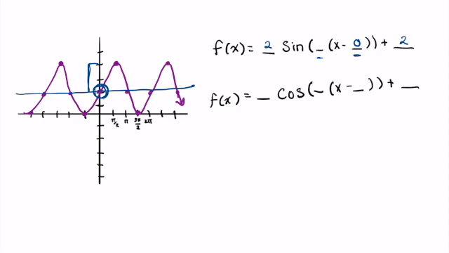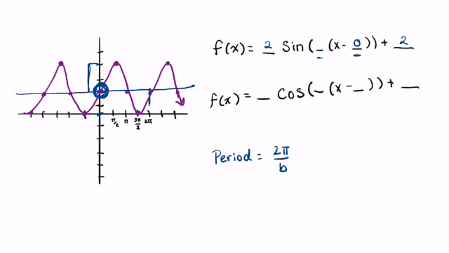But we do need to find the period of this function. When I'm looking at the period here, I go from 0 all the way until my pattern repeats right here at 2 pi. Remember, period is always found by 2 pi over b.